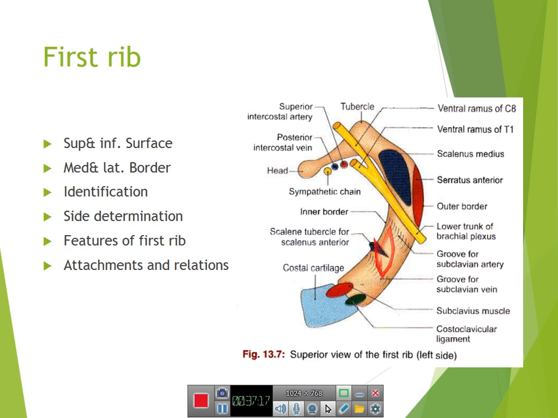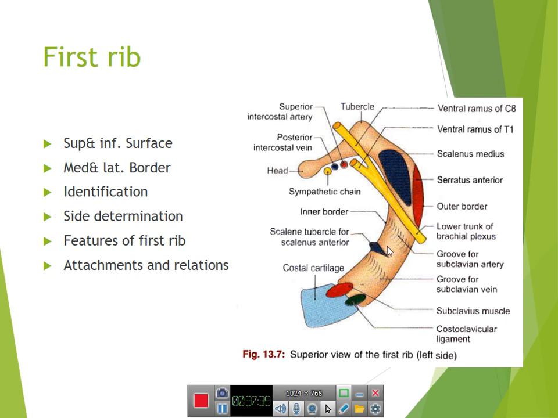The upper surface is marked by two hollow grooves separated near the inner border by the scalene tubercle.